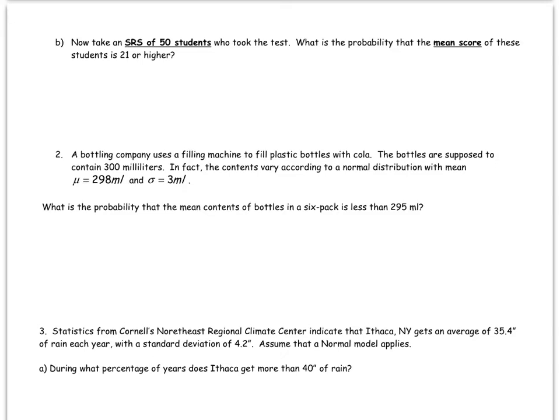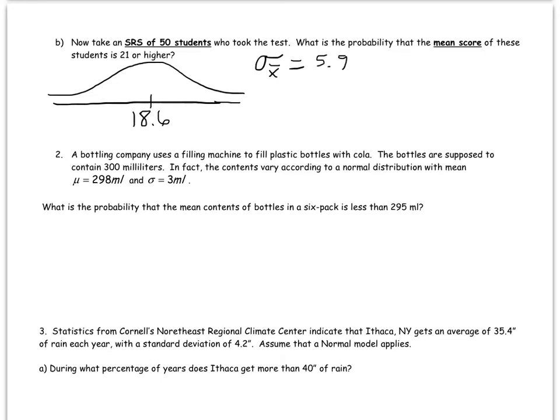So let's draw the picture for what's going on here. Here's the normal distribution, and it's centered at the 18.6 still. But the key here is that the standard deviation of the sampling distribution is different than the standard deviation of the distribution of individual scores. The standard deviation of the sample means is going to be 5.9 divided by the square root of the sample size, which is 50.